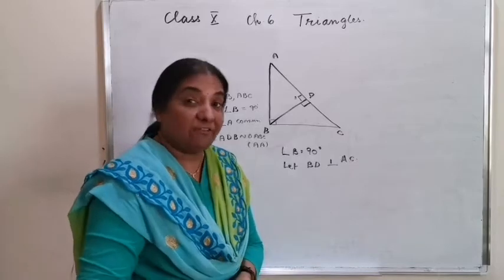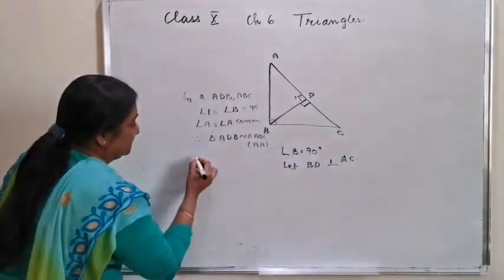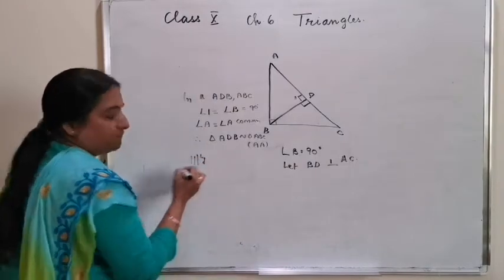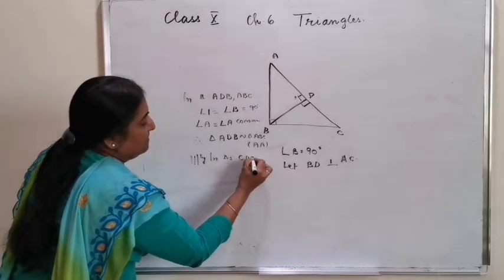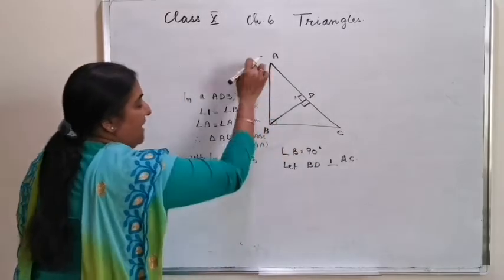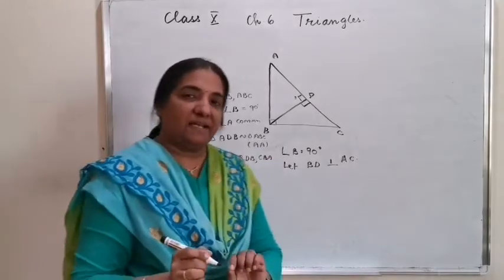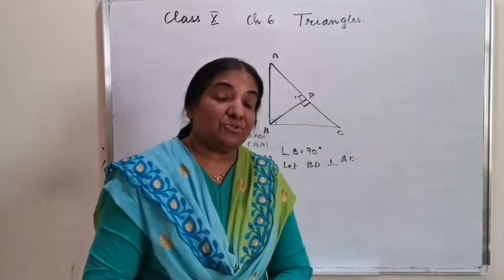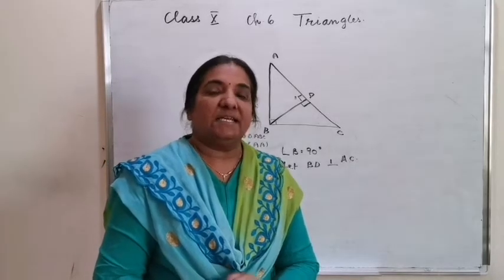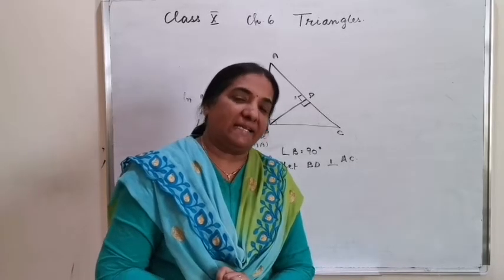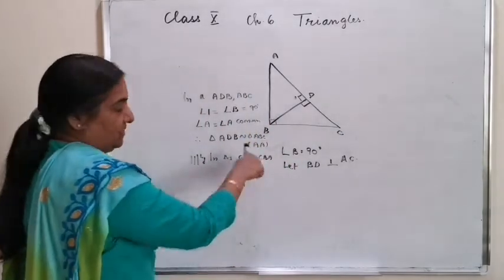Similarly, can we prove CDB? Similarly, in triangles CDB and CBA, I am taking the triangles in this order to make you sure which is the common angle and which is the 90 degrees: the common angle in the beginning and the 90 degrees in the center position.